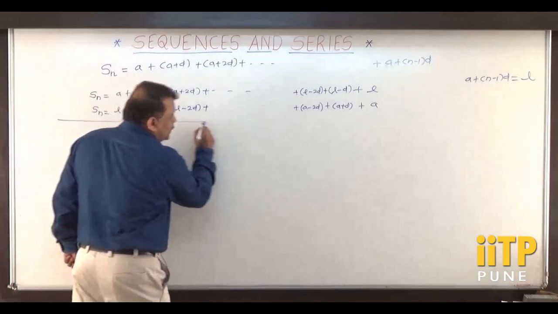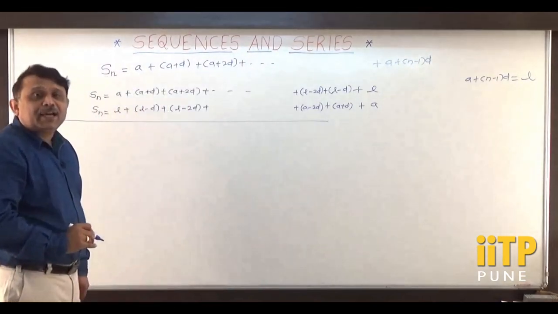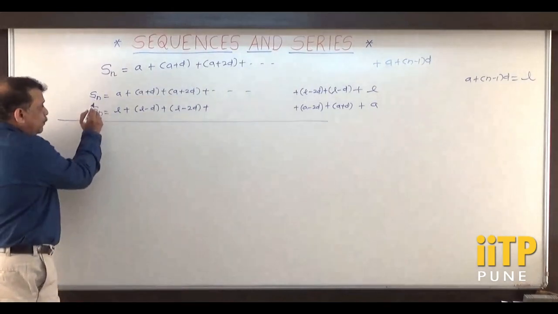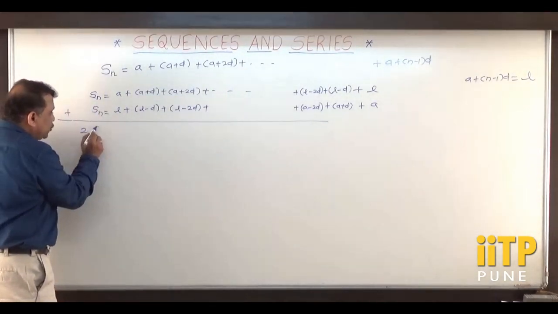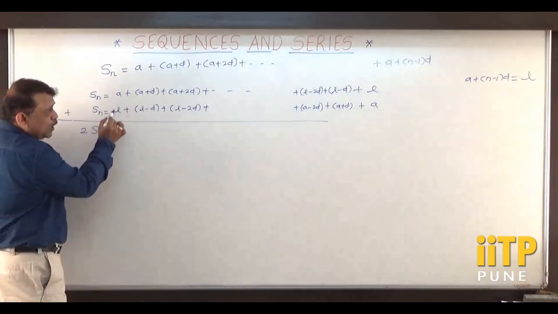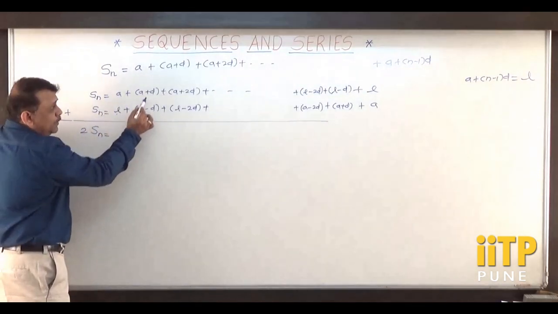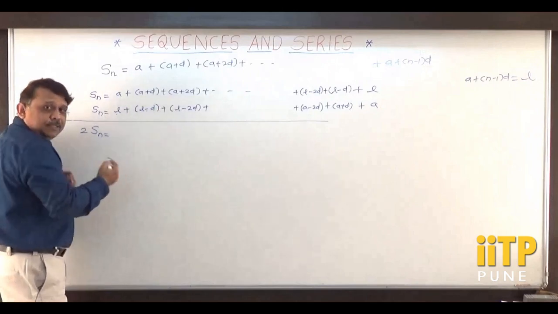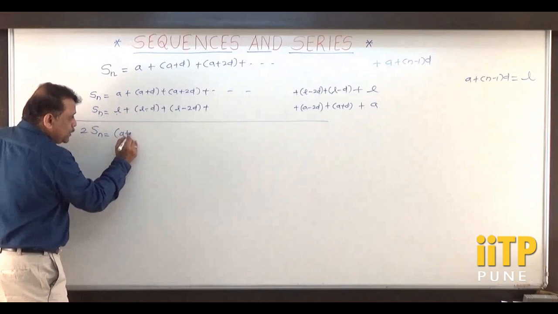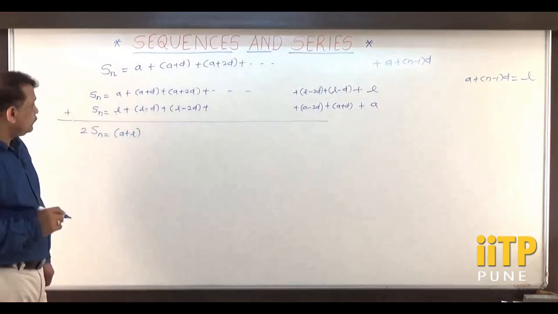Now, what we do is, we simply add the corresponding terms of this series. Sn plus Sn is twice Sn. Now observe that I am adding corresponding terms, this, then this, then this. This way we will proceed. So A plus L is the first addition.